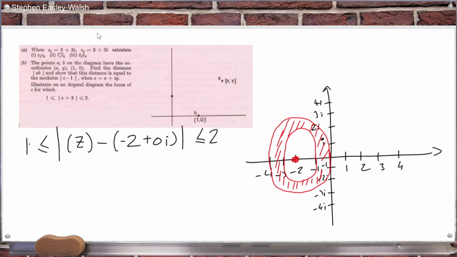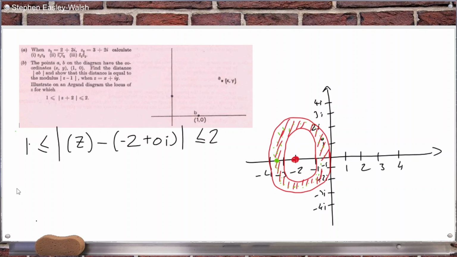You can take an example here. If z was, say, here, then that's more than 1 unit away, but less than 2 units away. So you can see why all these points in this circular shape, this annulus, are between 1 and 2 units away from the minus 2. You can test it out if you want to.